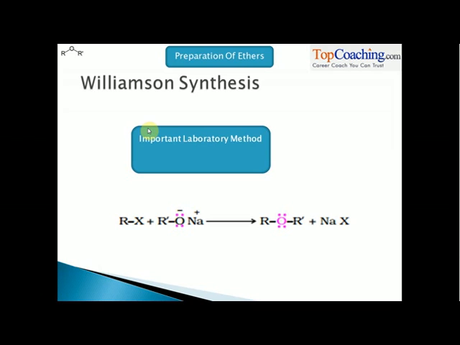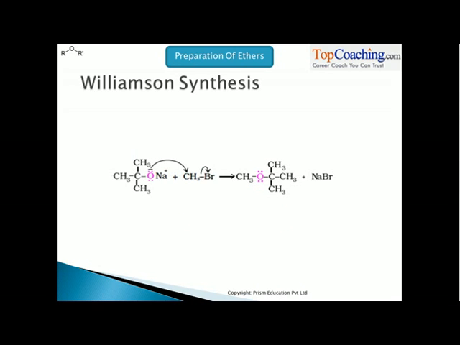An alkoxide ion is treated with an alkyl halide, and we get ethers and sodium halides as the final product of the reaction. Since alkoxide ions are highly reactive, they are prepared just before performing Williamson synthesis. Let us have a look at the mechanism of this reaction.